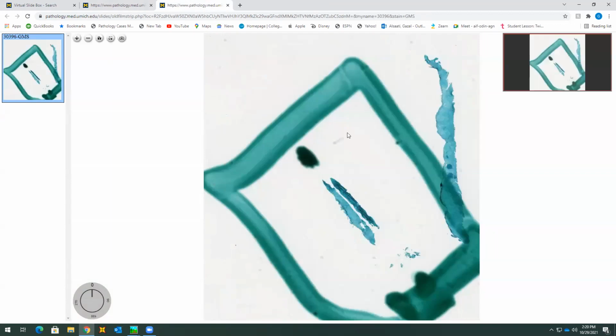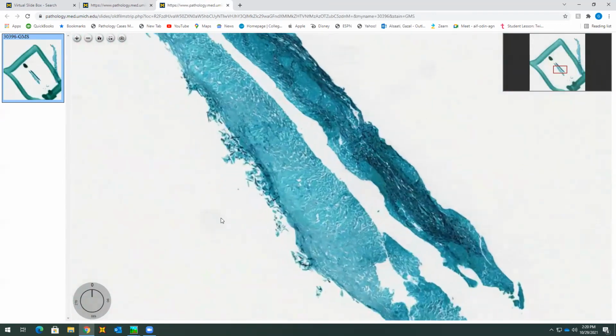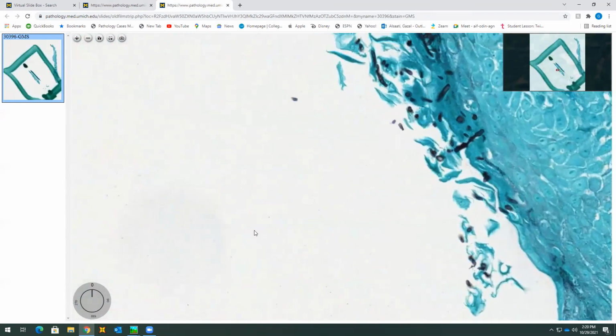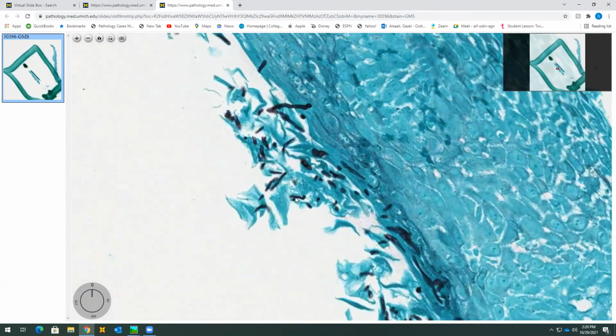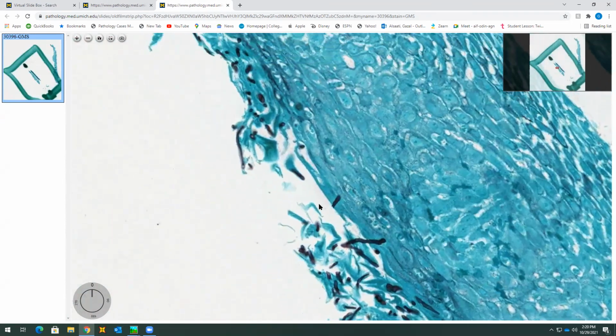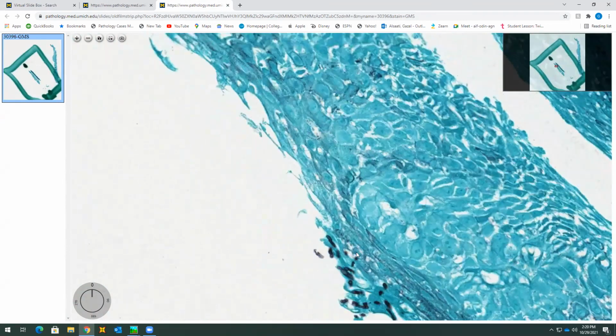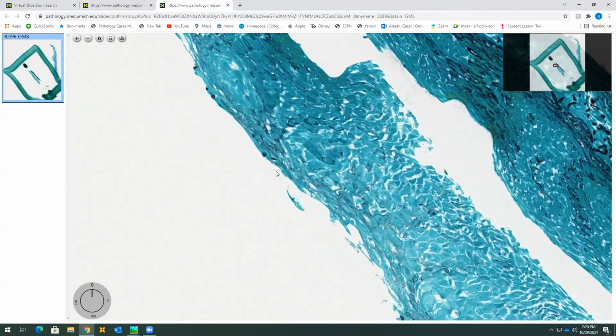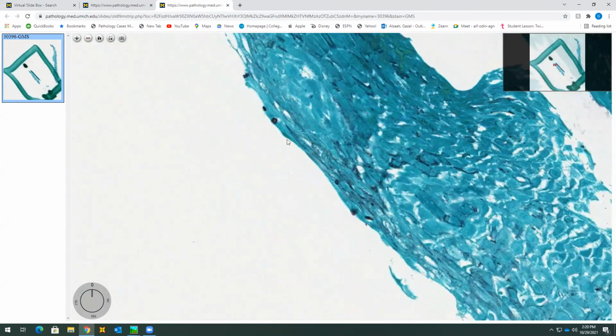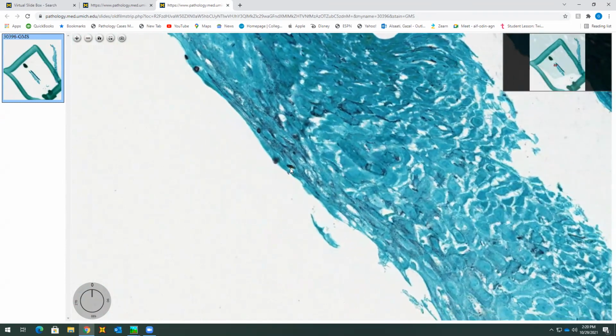So let's look at the GMS and see how it looks. Okay, how beautiful, they're here. Just wanted to let you know that sometimes I make a diagnosis on a case like this one only, because I have a good background for it.